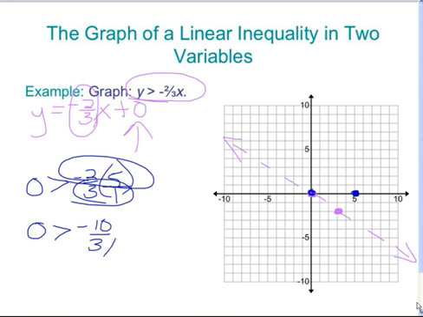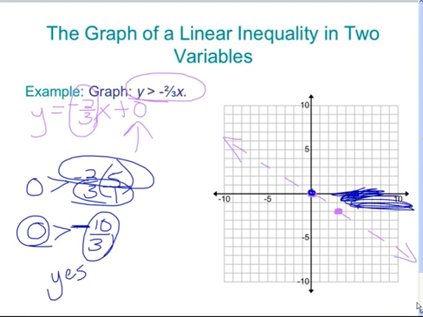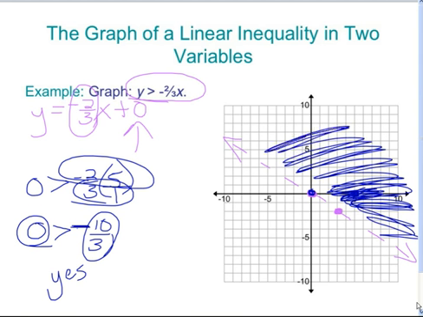Now, it doesn't really matter what that number is, as long as it's negative. Is 0 bigger than a negative number? Yes, it is. Since that was a true statement, this is yes. Our shading has to go over top of that test point we just plotted. So we're going to shade over here.